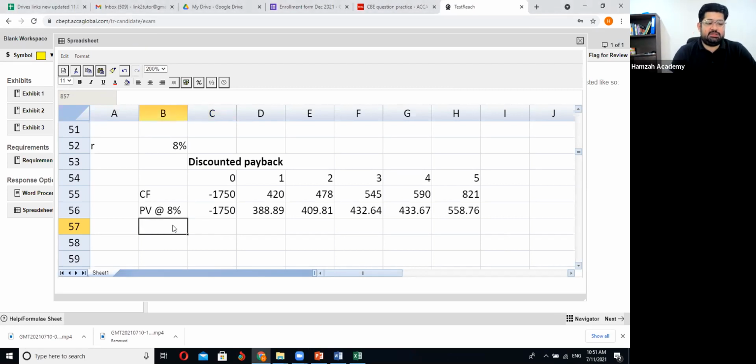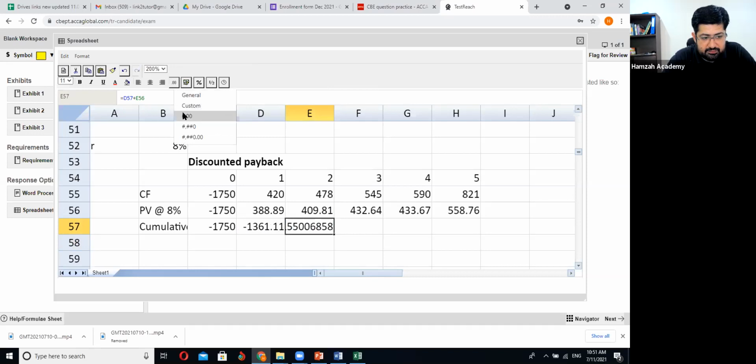Now, students, the cumulative cash flow column. Next year, this negative, this received. Again we have to do it rounding off.